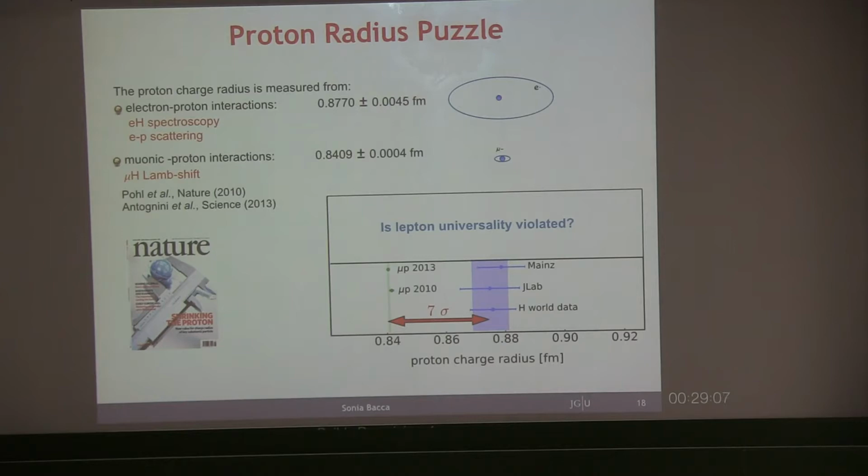That is also the reason why I got excited into this, but I think the situation has evolved quite a bit. There are at least 2 new measurements on electronic systems, one of which gives a small radius and one of which gives a big radius.